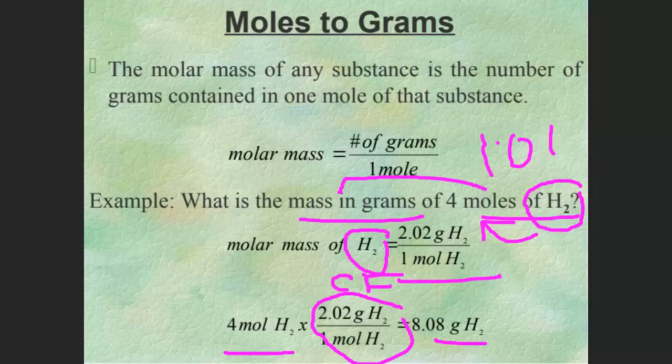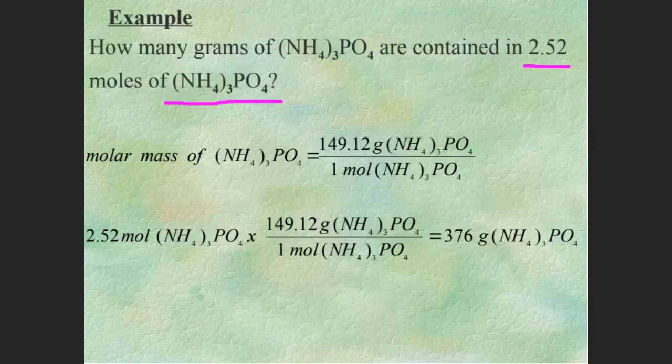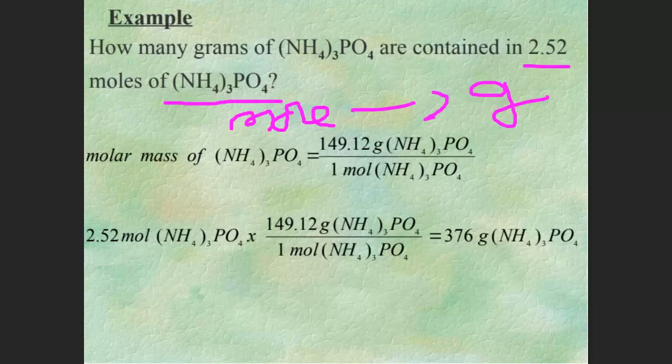So for 1 mole we have the mass in gram, because we have to convert mole to how many grams. We are converting mole to gram, so we must have gram on the top for 1 mole of ammonium phosphate, because if we know the amount for 1 mole, we can calculate for any other number of moles.